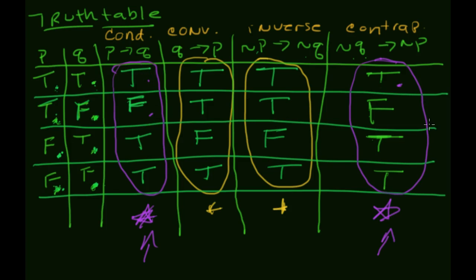When the conditional is false, the contrapositive is false. True, true, true, true. They have the same truth values all the time. Okay, so this is a lot to digest. It's a little bit long of a set of notes and video. It's a little bit abstract, but we will work on this in class a bit.